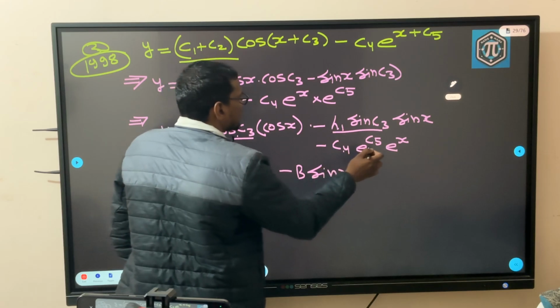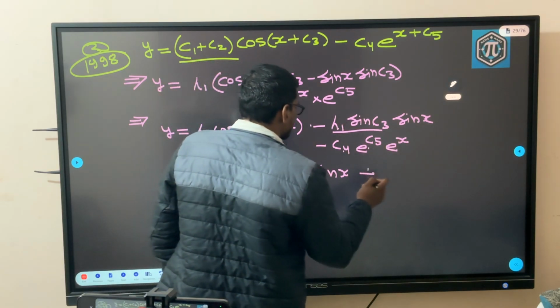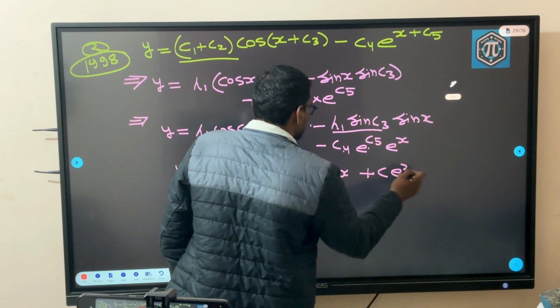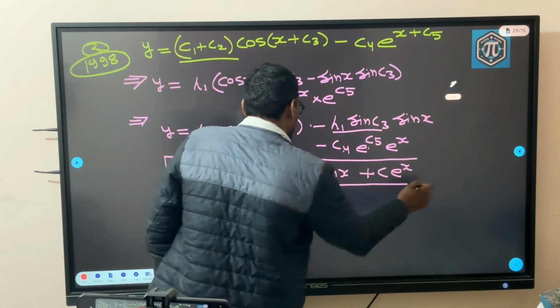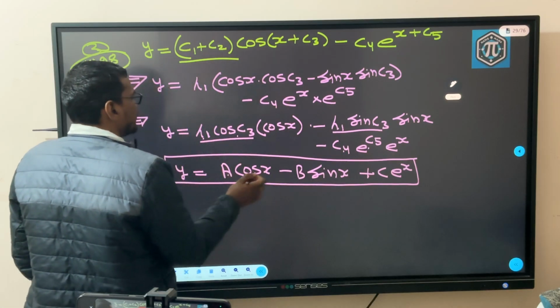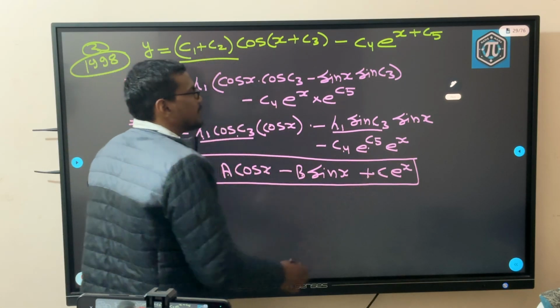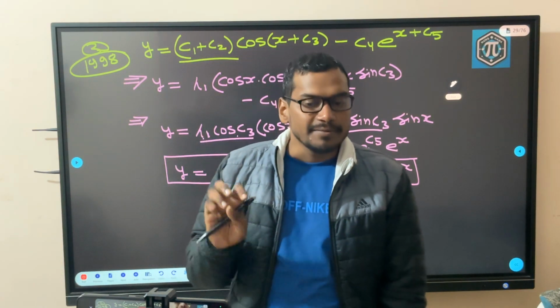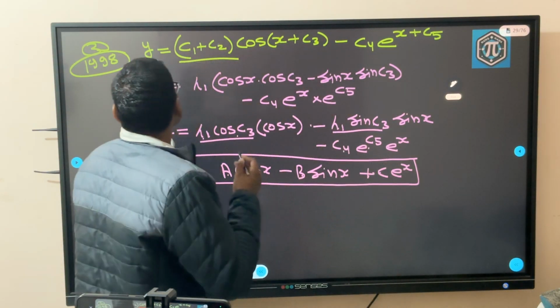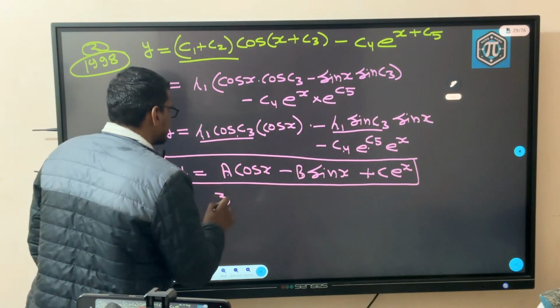C4 into e power C5. Again one constant. So it is plus C into e power x. So see here. How many constants? 1, 2, 3. You have to differentiate it thrice and its order will be 3 only. So they were asking order. So here the answer was 3.